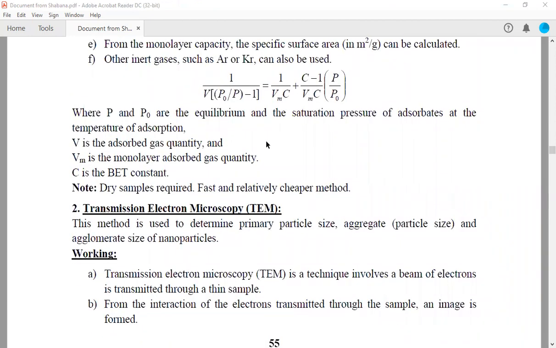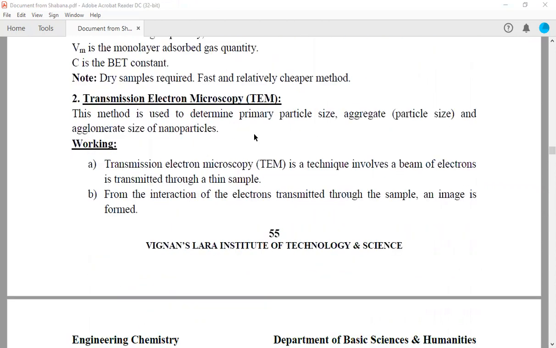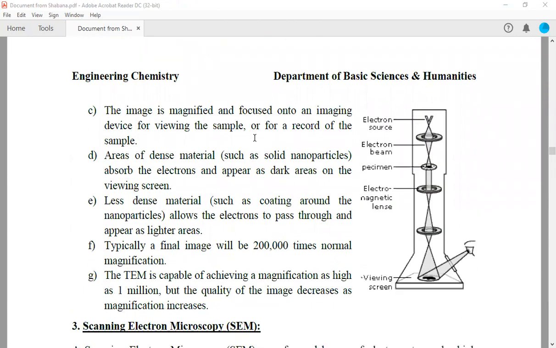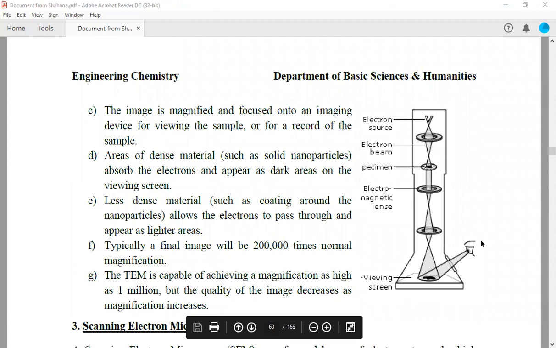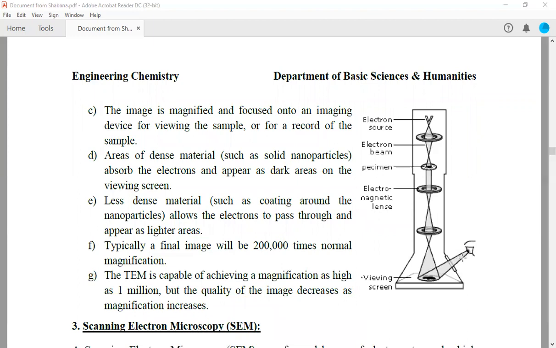From the interaction of the electrons transmitted through the sample, an image is formed and it should be recorded. This image is magnified and focused onto an imaging device for viewing or recording the sample.